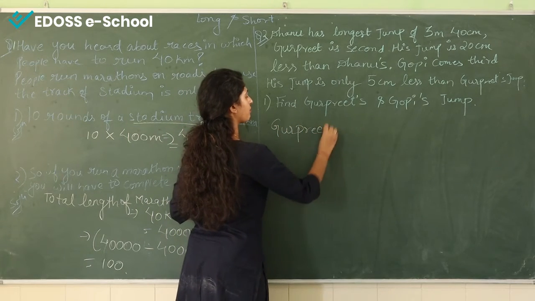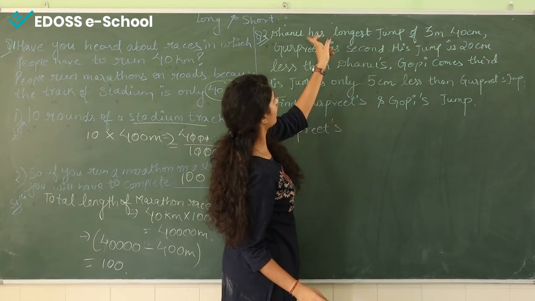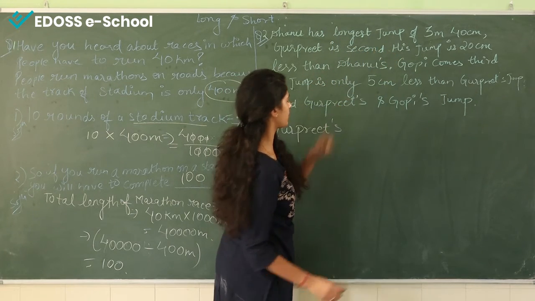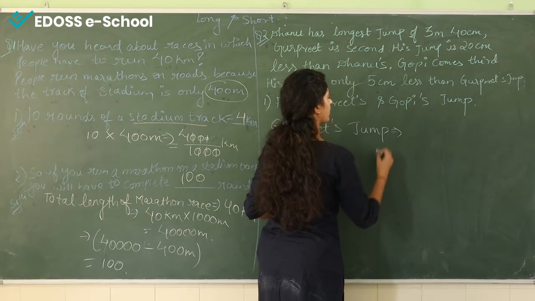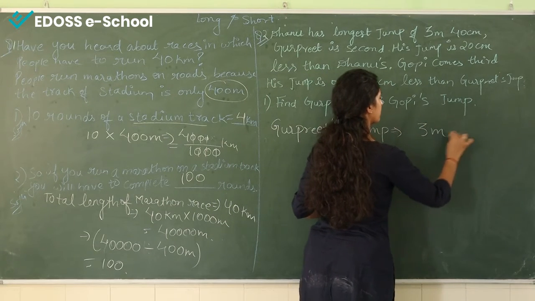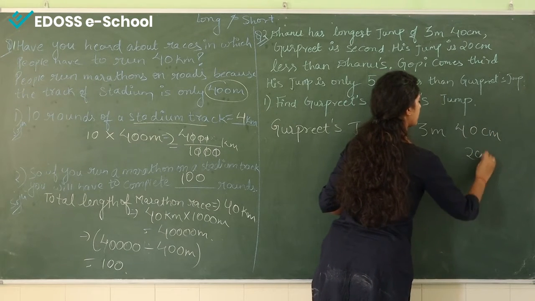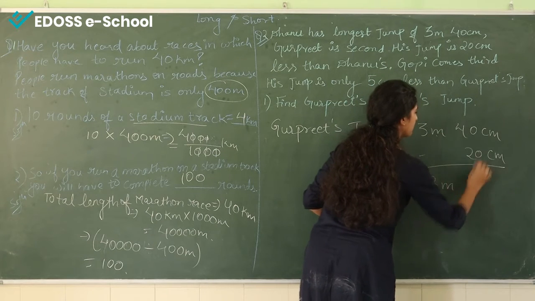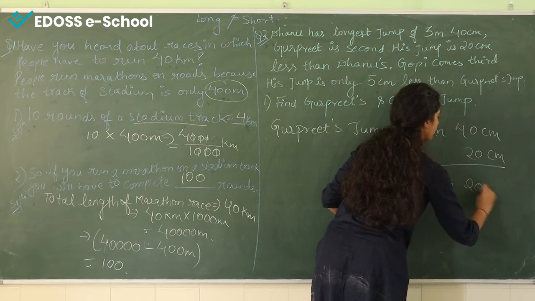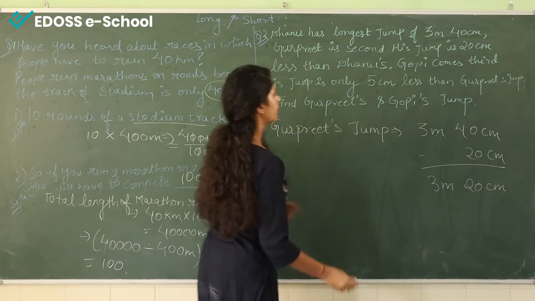Gurpreet की जो jump है वो है only 20 centimeter less than Dhanu's jump. और Dhanu's की jump कितनी है 3 meter 40 centimeter. Gurpreet's jump will be equal to 3 meter 40 centimeter minus 20 centimeter. Next we have to find Gopi's jump.